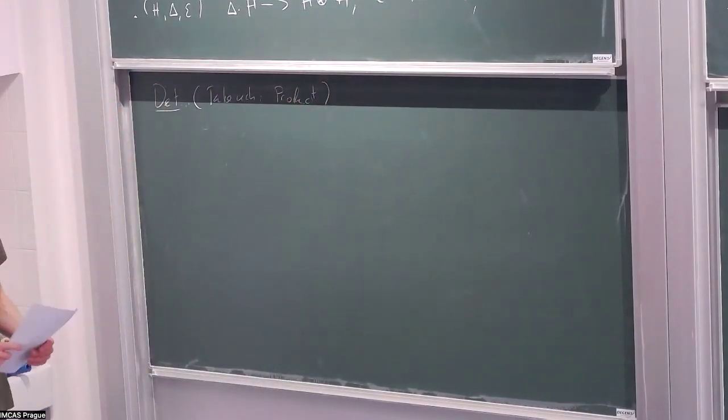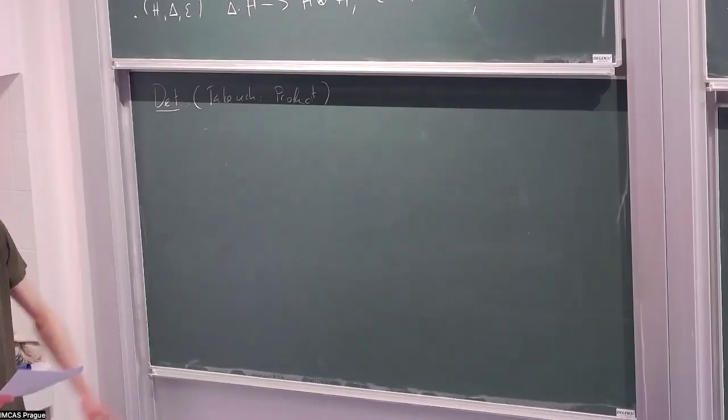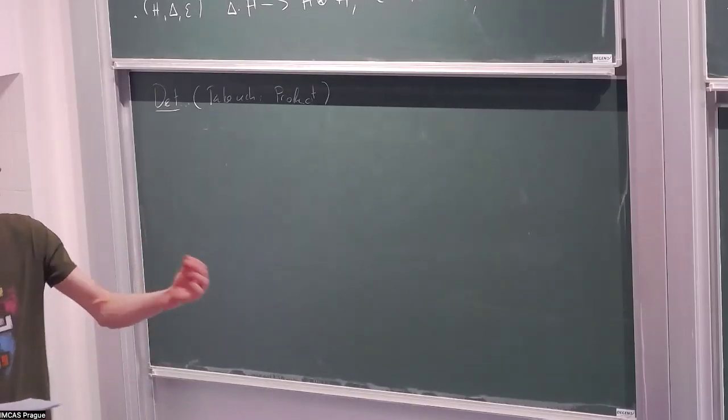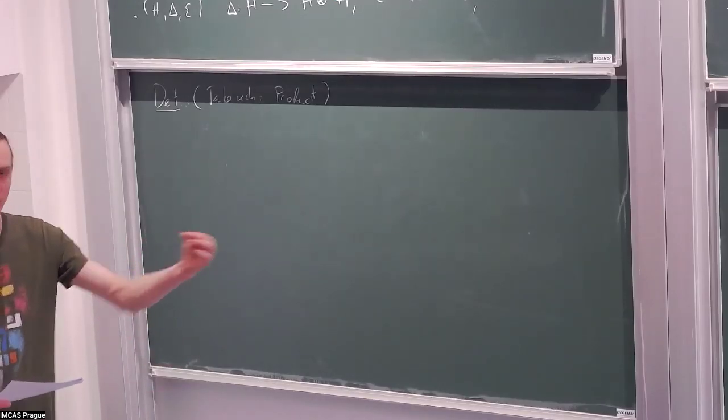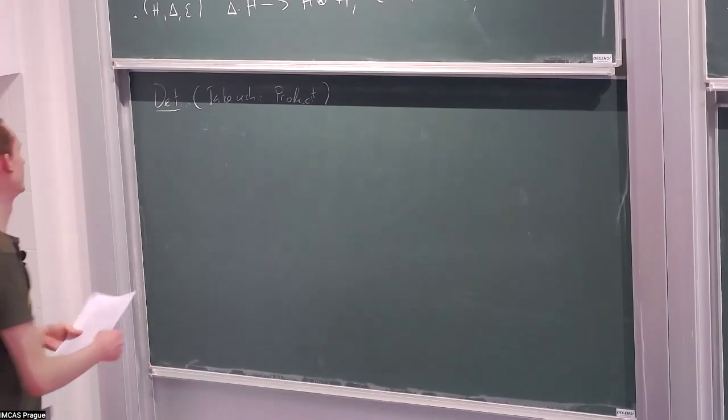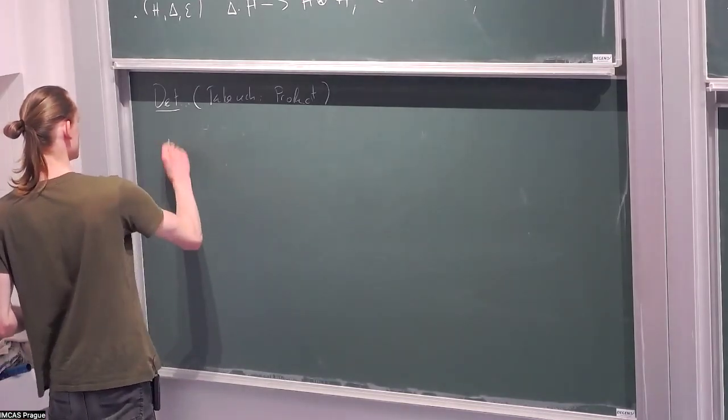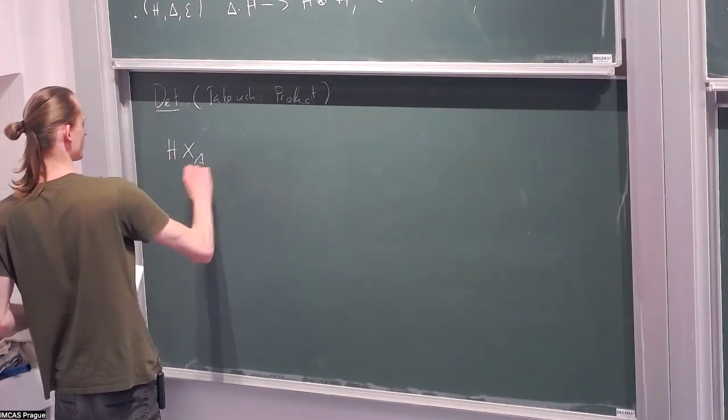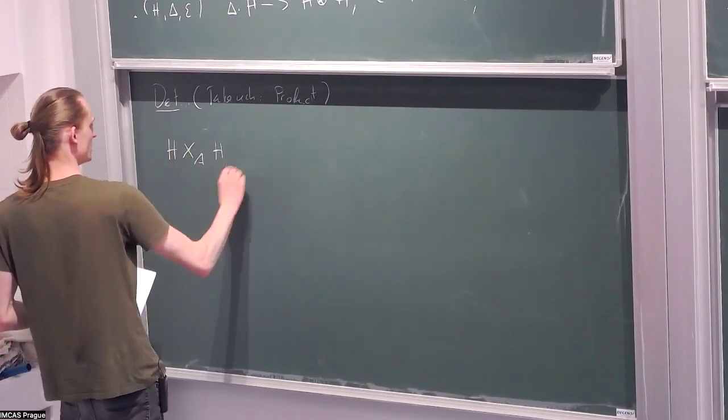Okay, maybe the solution is actually very simple. You just take all the elements where you can bring the A across as you would like to. And this is the Takeuchi product. H is the same as before.